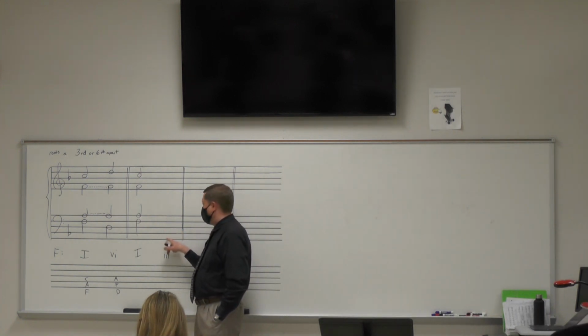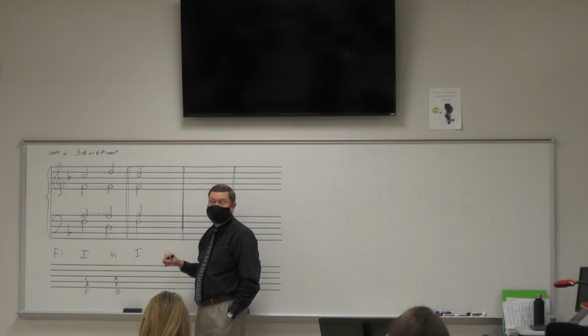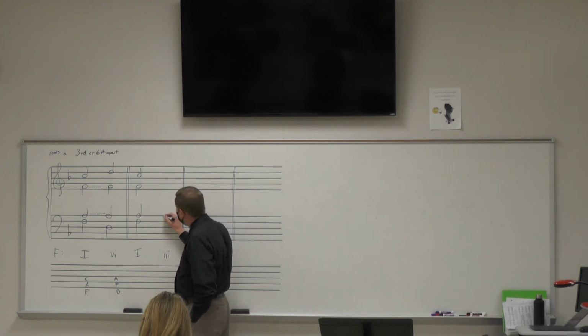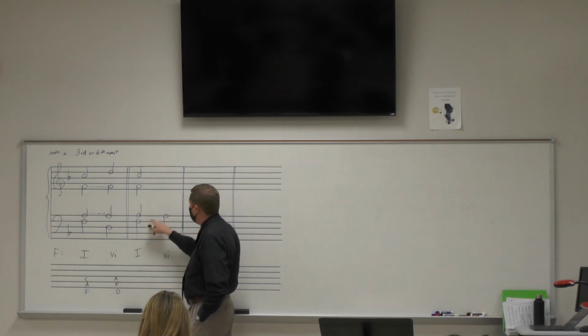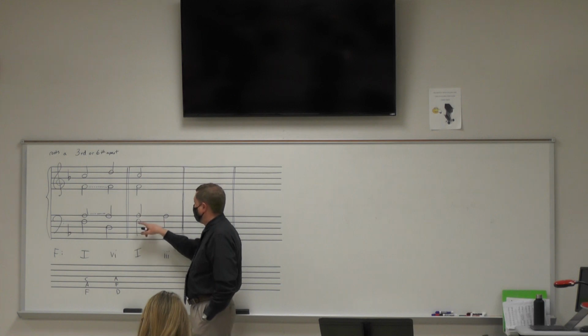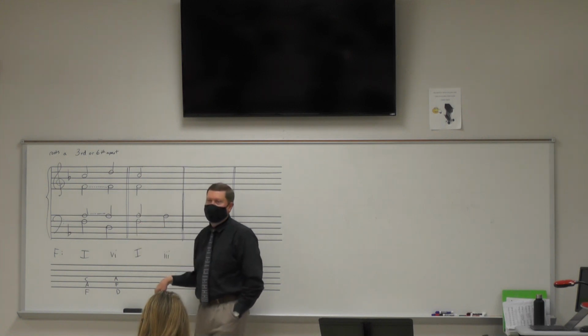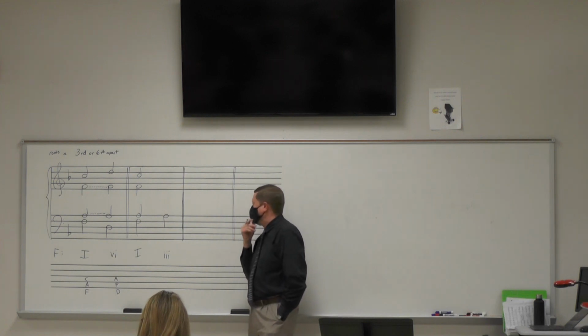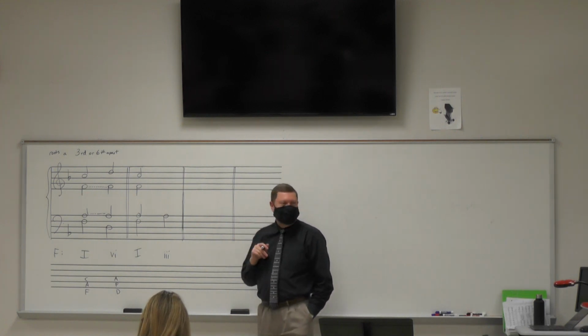Should I go to this A or this A? It actually doesn't matter, because the part writing will be the same. Probably this A would be smoother for the basses to sing. That's all they'd have to do, instead of going do, mi. They could still do it, right? They're very egotistical and self-centered.